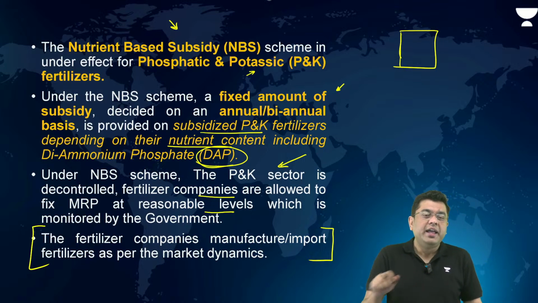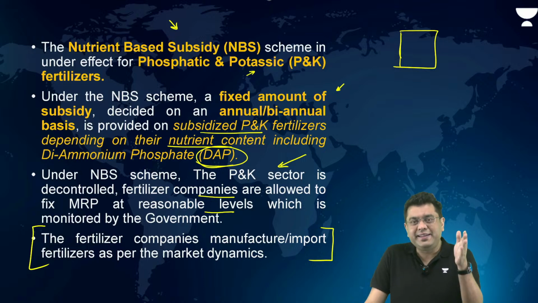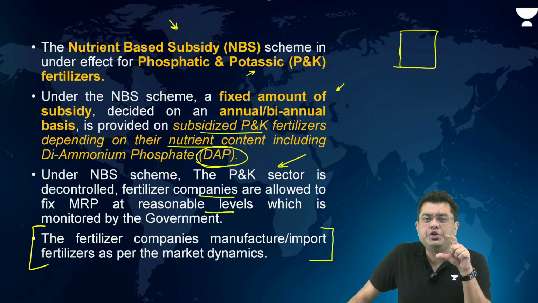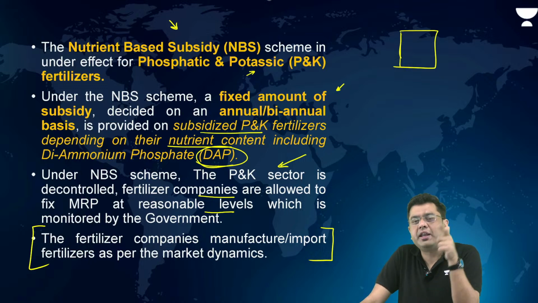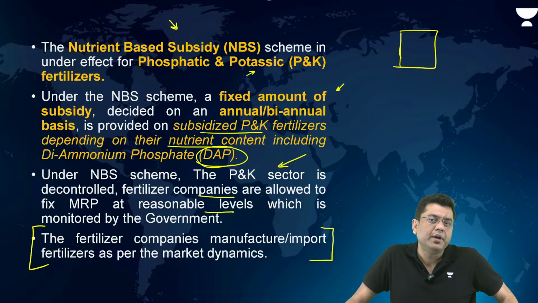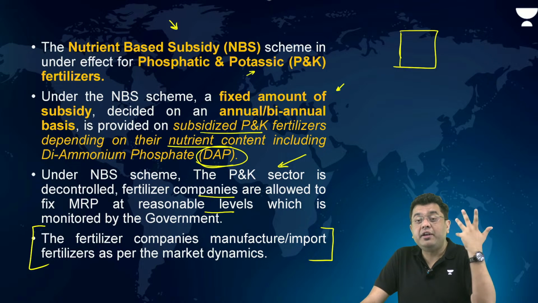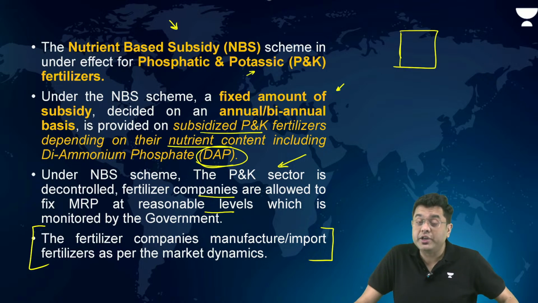Now, mind you, ever since the late 1960s and 1970s, we have been trying to ensure self-sufficiency in fertilizer production in our country. After all, that is what marked a kind of green revolution in our country as well, to ensure fertilizer self-sufficiency.